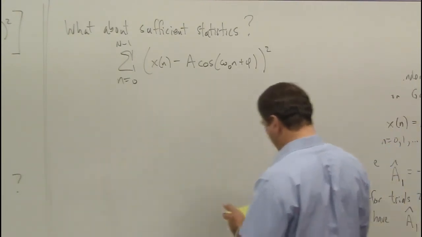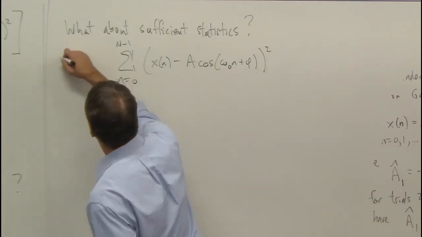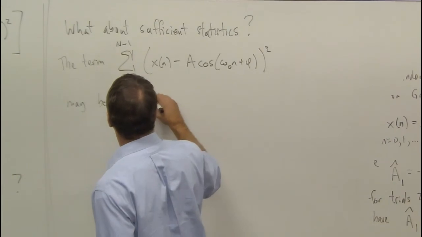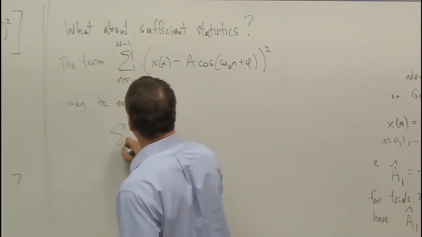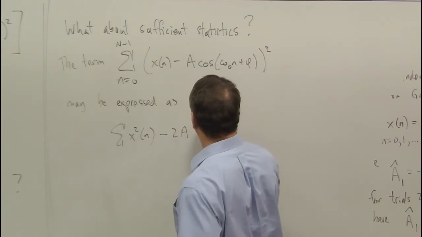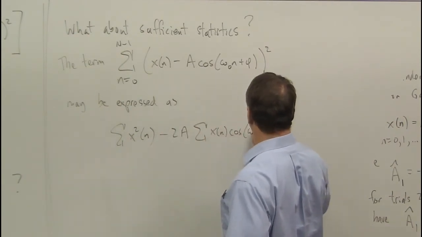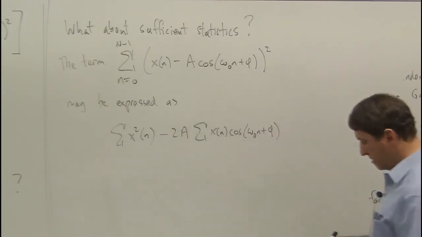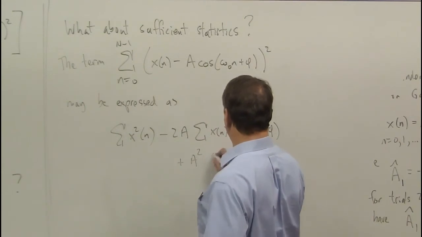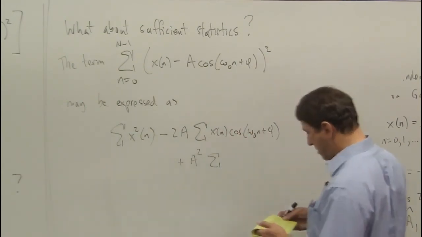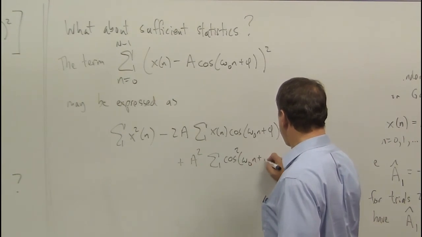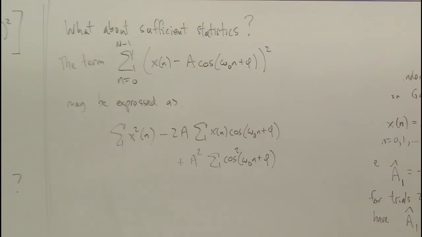Okay, and this expression we can express as the sum of the x squareds, minus twice a times the sum of the x's times cosine, plus a squared times the sum of the cosines squared. Okay.